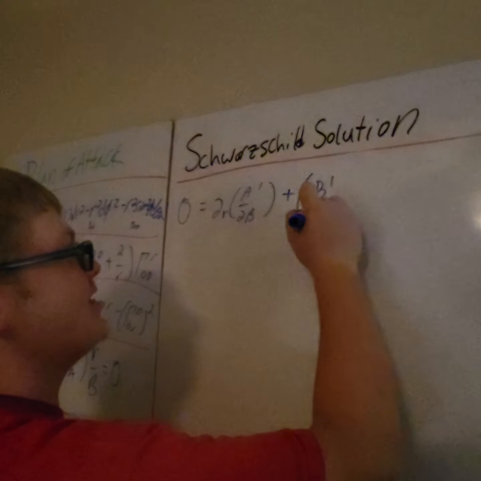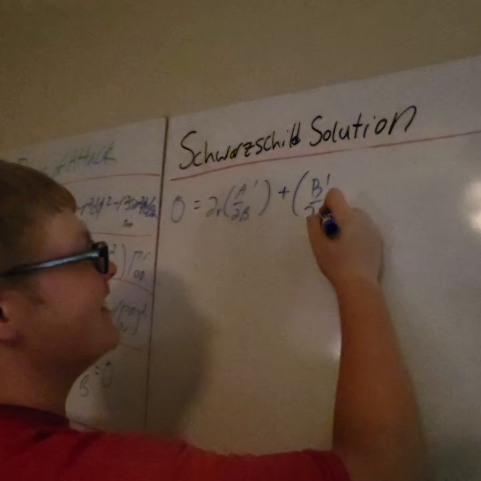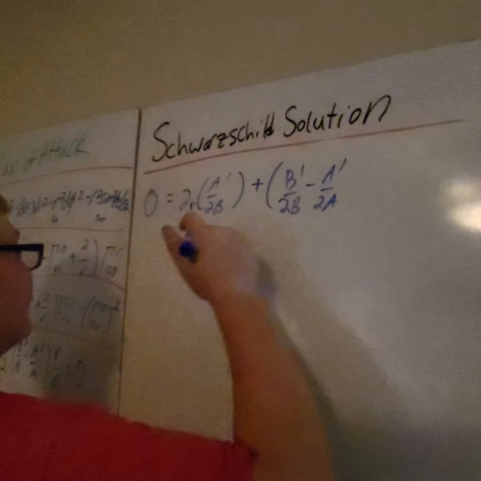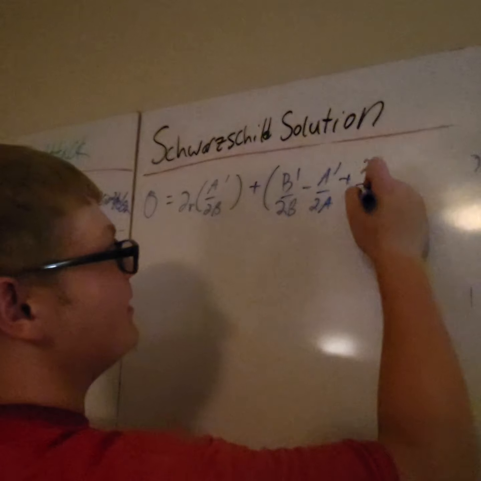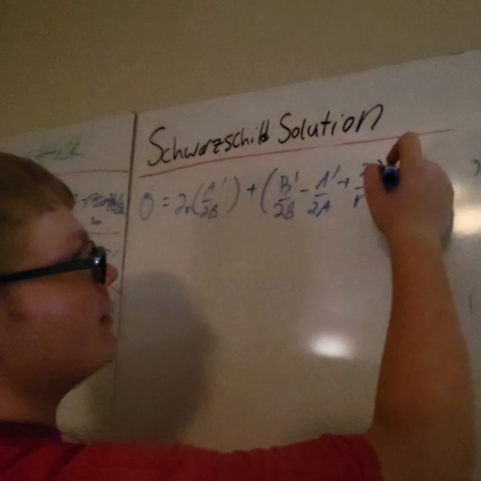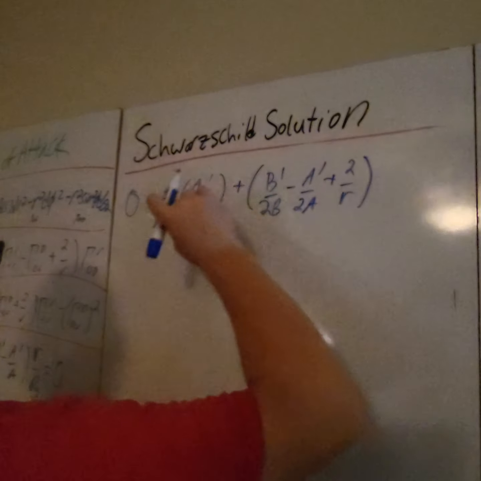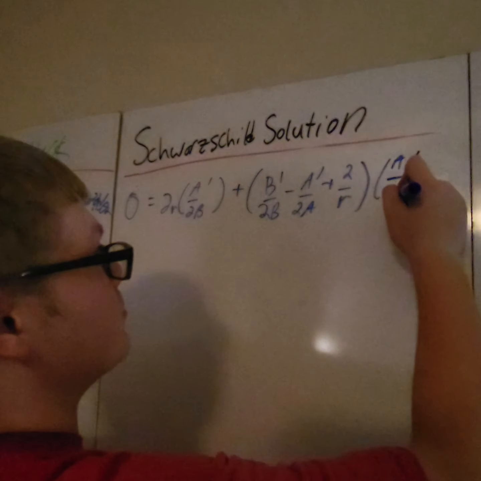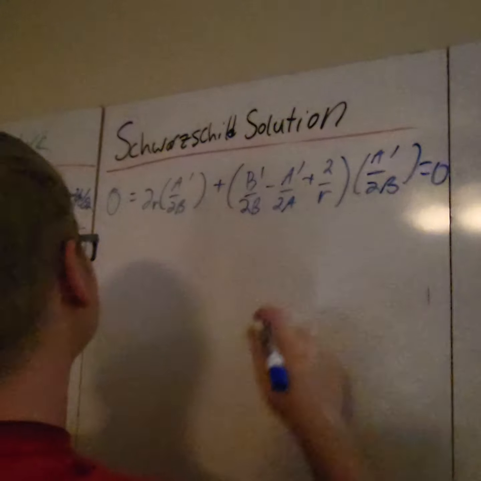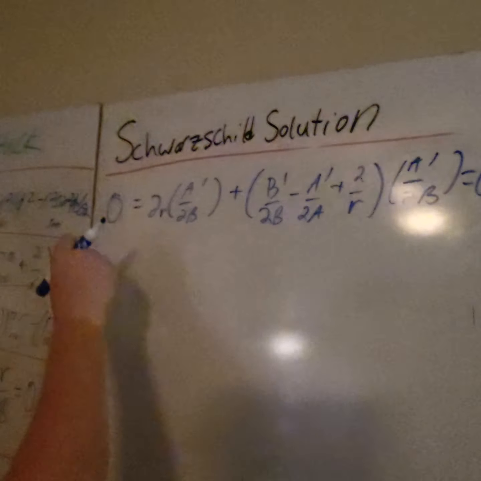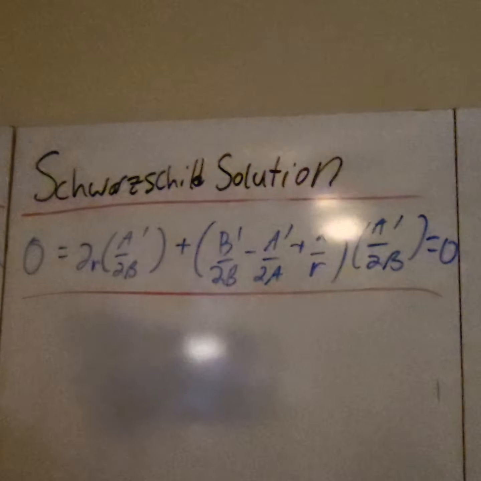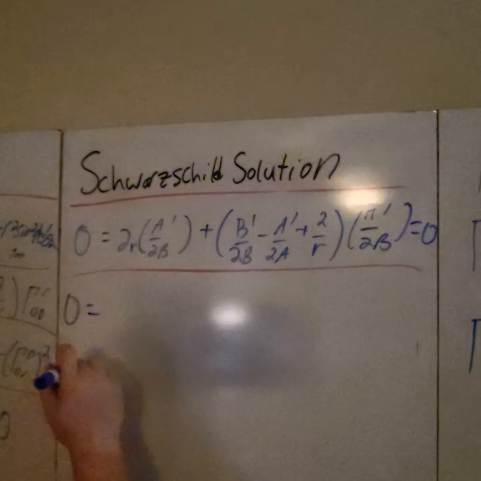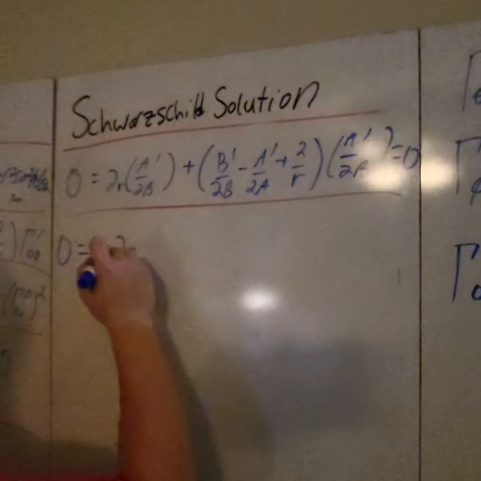Okay, I keep making that mistake. Okay, can't help it. Plus equals 0. That's our first equation. I wrote 0 equals twice. And 0 equals negative R.